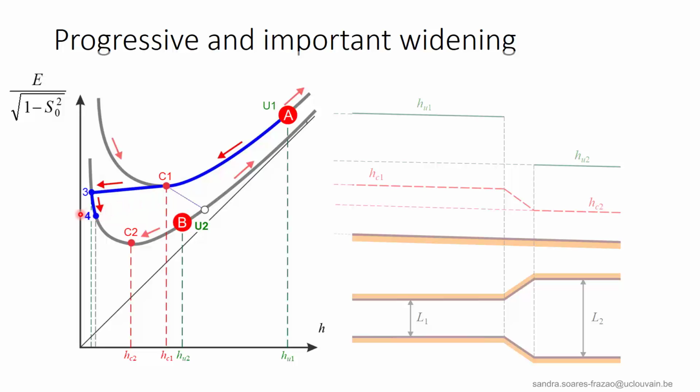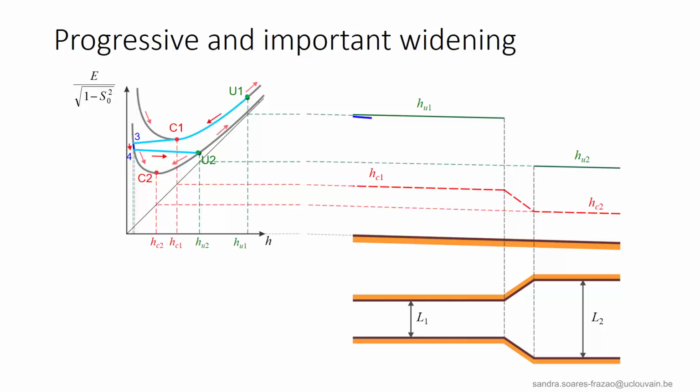The specific energy will thus evolve in the downstream wide channel until a point 4 that corresponds to the sequent depth of point B, in such a way that the hydraulic jump can take place between point 4 and the uniform flow in the downstream reach. The hydraulic jump appears as a jump across HC on the specific energy curve, passing from the supercritical left branch of the diagram to the subcritical right branch.